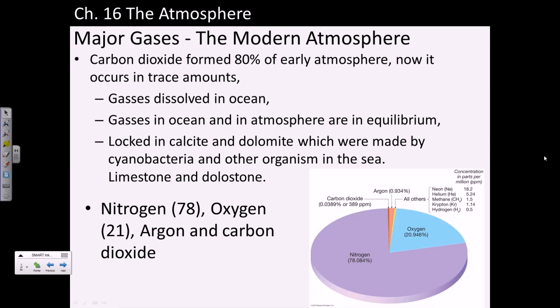And then we have gases dissolved in the ocean and gases in the atmosphere, which interact with the ocean. And so there's a kind of equilibrium there where gas is moving from the ocean to the atmosphere, or potentially from the atmosphere into the ocean.